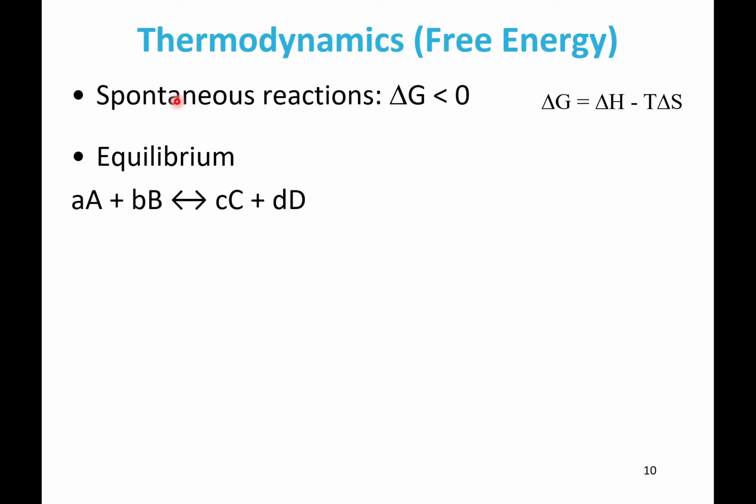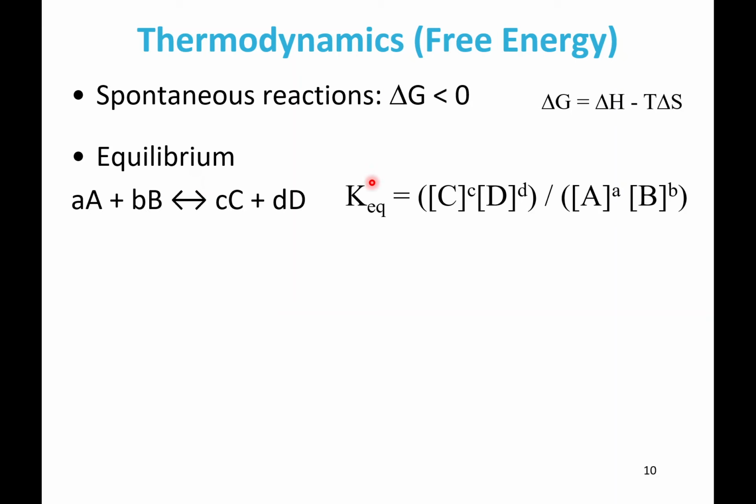Also, if we think about equilibrium, which hopefully is a review from general chemistry, you can write a generic reaction: A plus B goes to C plus D. The lowercase letters are the stoichiometric factors in the reaction, and the double-headed arrow means this is at equilibrium.